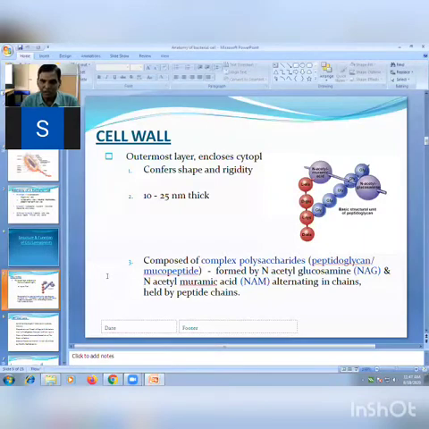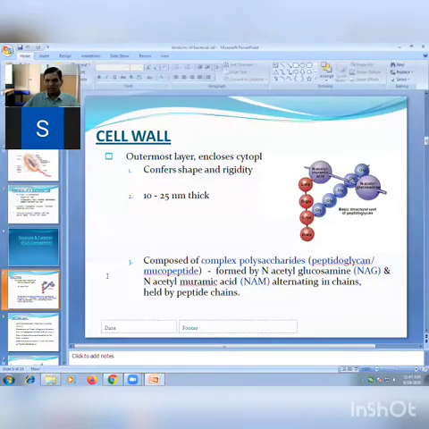If you measure the thickness of the cell wall, it is about 10 to 25 nanometers. Chemically, it is composed of a complex polysaccharide, which we call peptidoglycan or mucopeptide. Routinely we call it peptidoglycan.